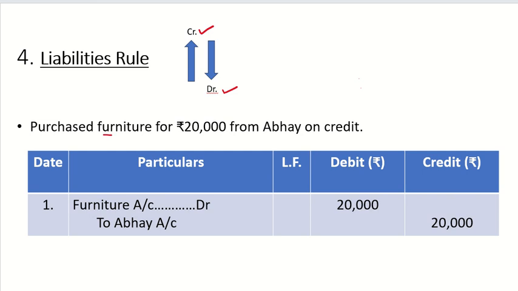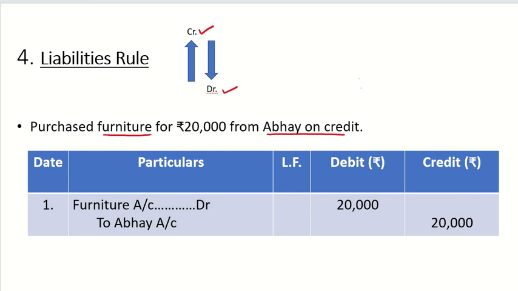Purchased furniture for rupees 20,000 from Abhay on credit. So what they're doing here is purchasing the furniture from Abhay on credit. They are not purchasing the furniture on a cash basis, they are purchasing it on a credit basis.